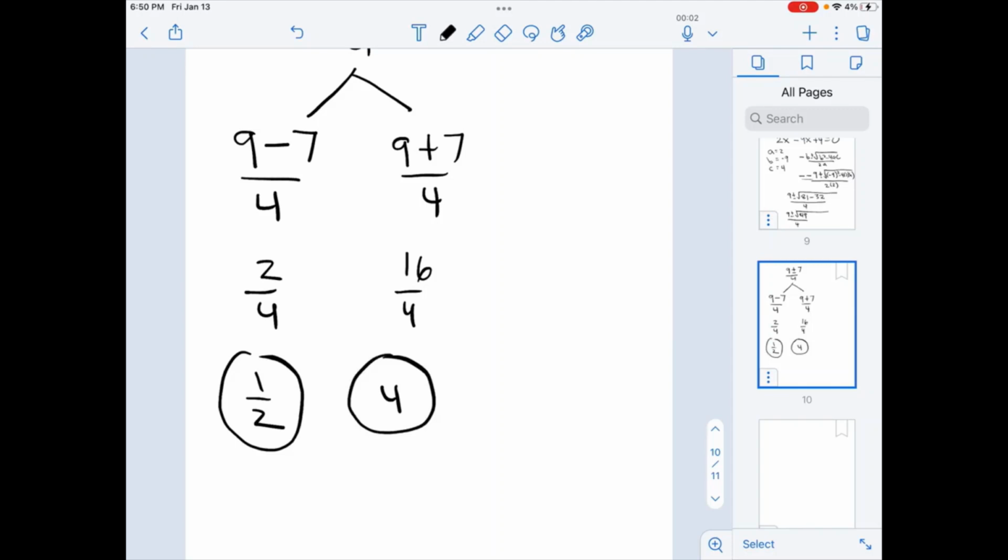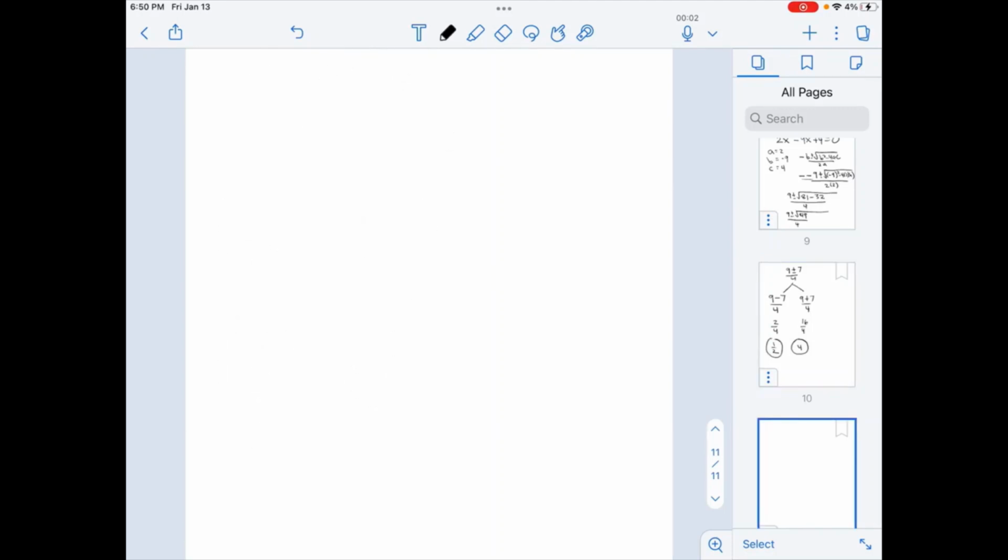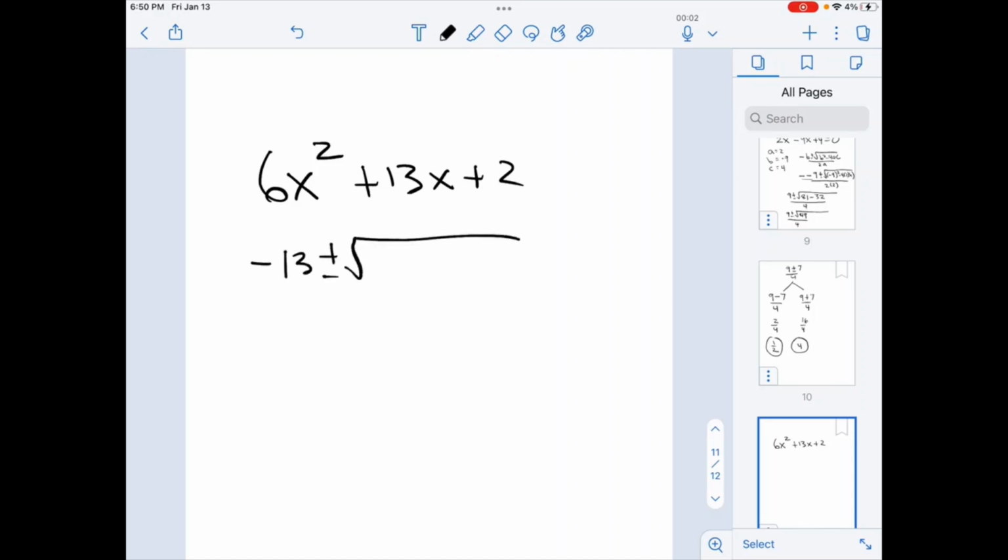Okay, let's do another one here. 6x squared plus 13x plus 2. Okay, go ahead and give that a try. Okay, let's check your answer. So negative b plus or minus the square root of b squared minus 4ac all divided by 2a.